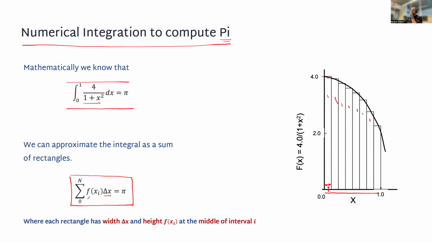So that's why we have f(xi) times delta x. Here, delta x is the width of our rectangle, and the height f(x) can be computed by just computing this xi, and xi is the middle point of each rectangle, right?